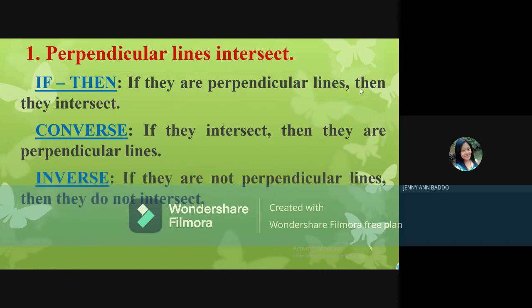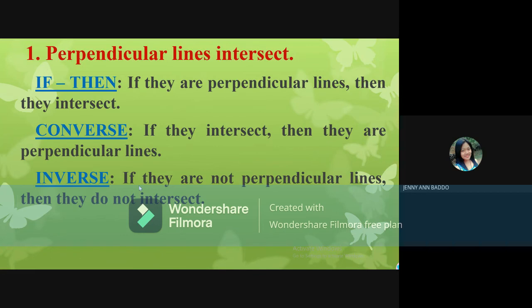For the inverse statement, we just have to negate the if-then statement, but it doesn't mean that in the form if not P, then not Q, you write if not they are.